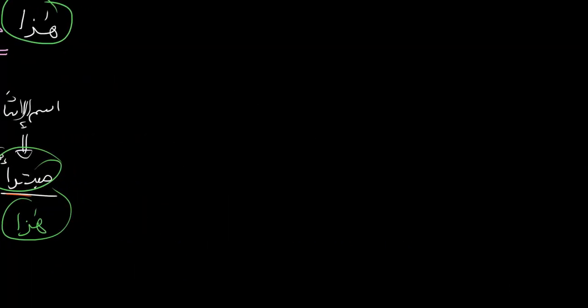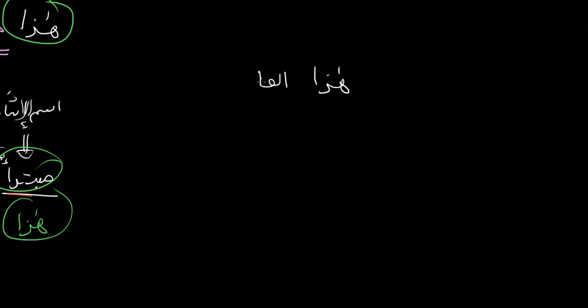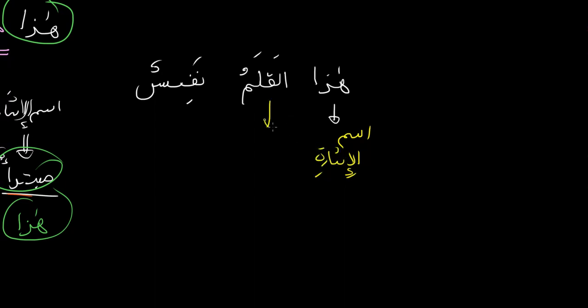Now there is a sentence that's analyzed over here, so let's analyze this sentence too. Haza al-qalamu nafisun. Okay, this is how we're going to analyze. هذا القلم: هذا is ism ishara, and this is going to be مشار إليه.